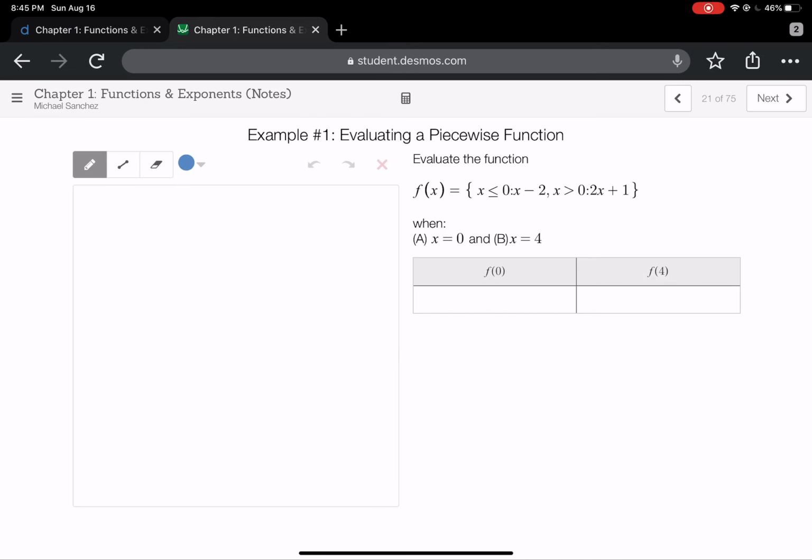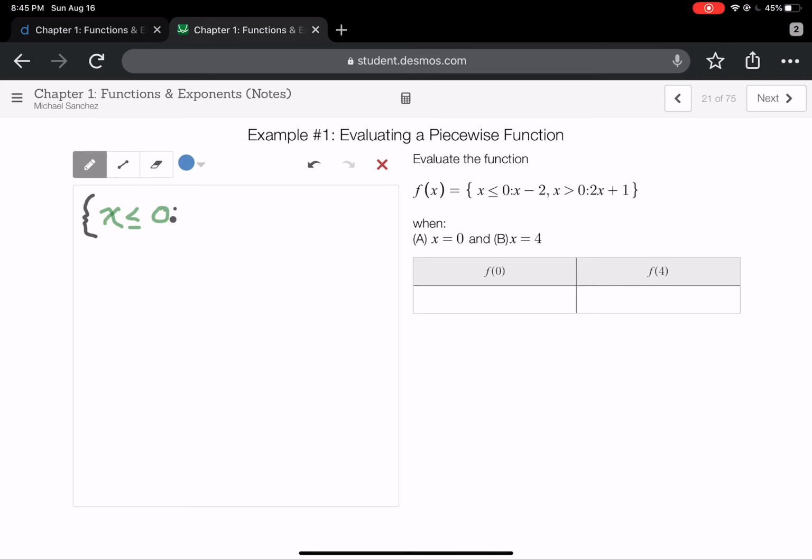All right, so we're going to first start off by evaluating a piecewise function. So I'm going to take some time here to write out my piecewise function, and I'm going to break it down into different parts. So I have x less than or equal to 0. I have a colon.